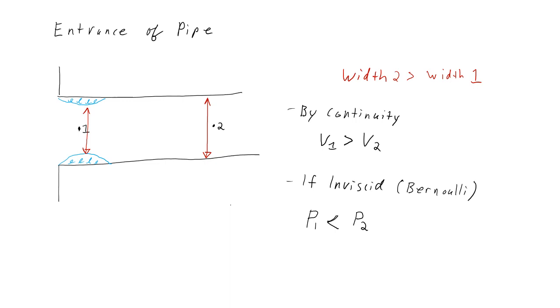but we actually know not all of this happens, meaning that P2 by Bernoulli is always going to be greater than the pressure that you might see P2 in a real flow, or in other words, a viscous flow.